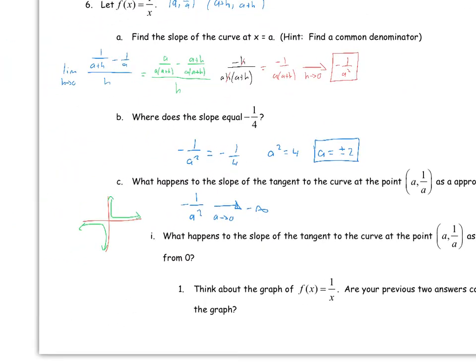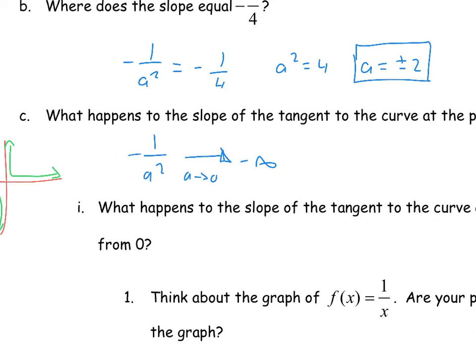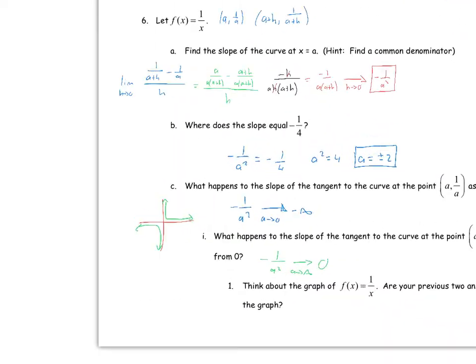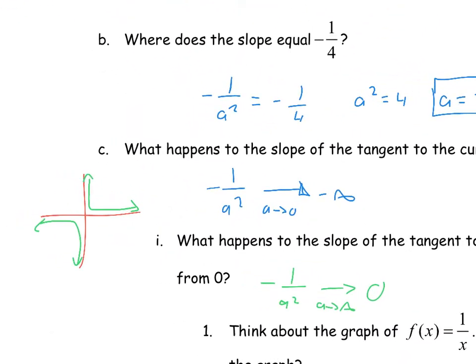So as a goes to infinity, we're talking really about negative 1 over a squared as a goes to infinity. And that's 1 over a really big number, which is really small. Again, that's consistent with the graph. If you look right here, as we go this way, the slope approaches 0 because we have a horizontal asymptote there.